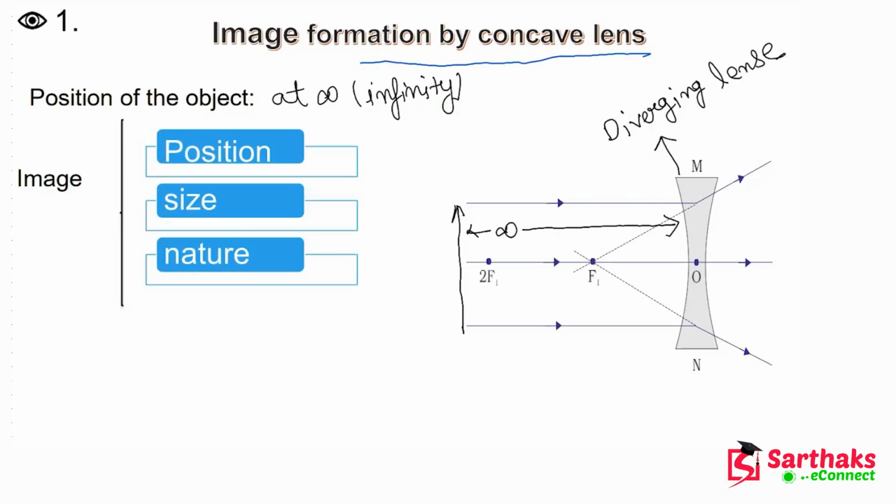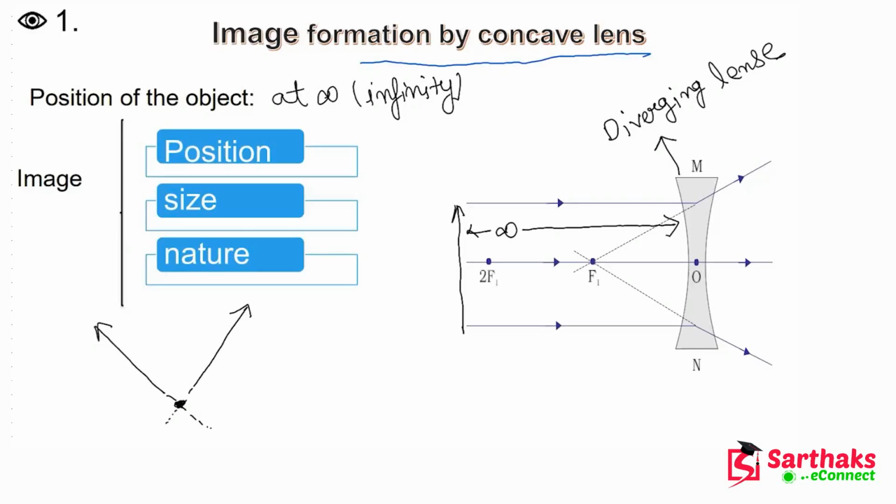After the refraction, it is going in this direction. So because they are in different directions, they are not going to meet at any point. So if you want to make them meet, then you have to extend them in this opposite direction.